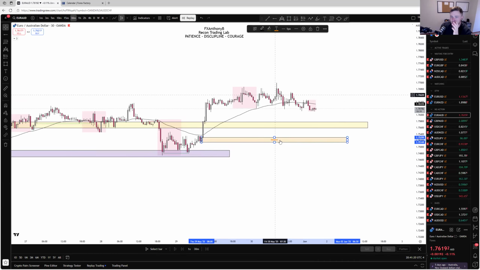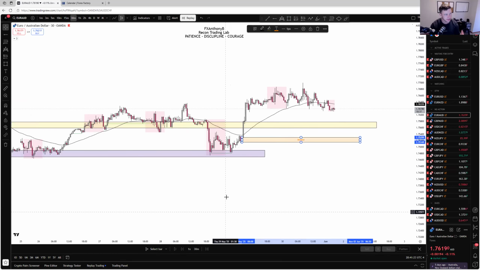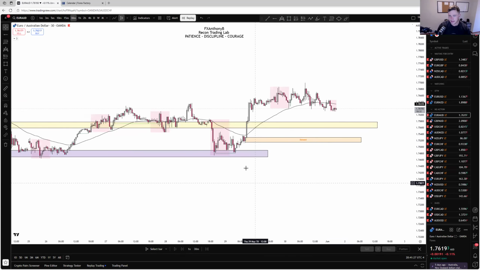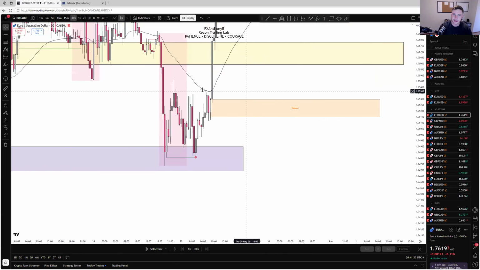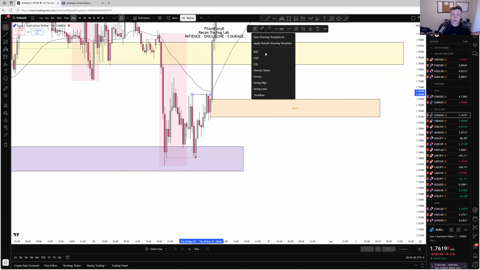Not supply zone, demand zone. Demand is when we're looking to buy. Supply is when we're looking to sell. Is there an inducement here? That is a perfect inducement. There is your POS. Right there.